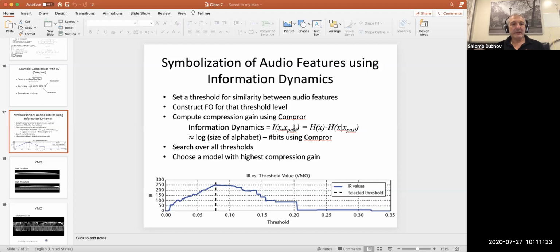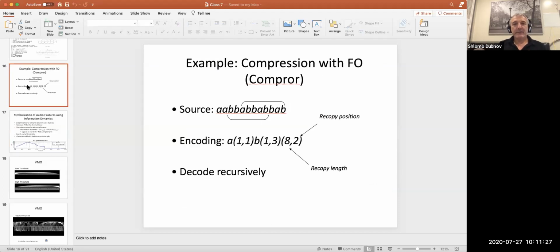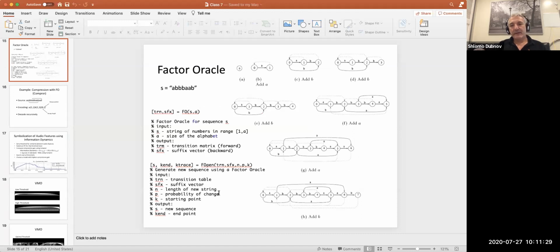Then we mentioned that there are more efficient ways to do this, like the factor oracle, which we didn't really go into, and I'm not going to ask any questions about actually doing the algorithm itself, parsing it. It's available in the VMO package that we pointed to before.